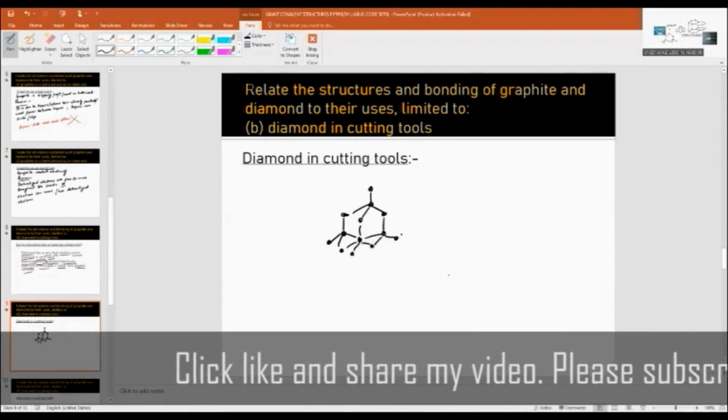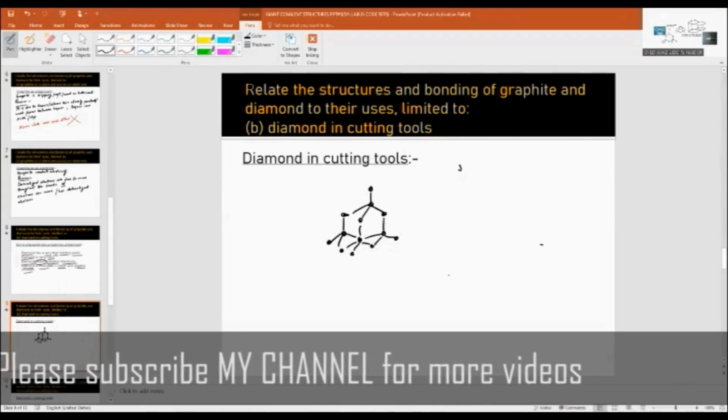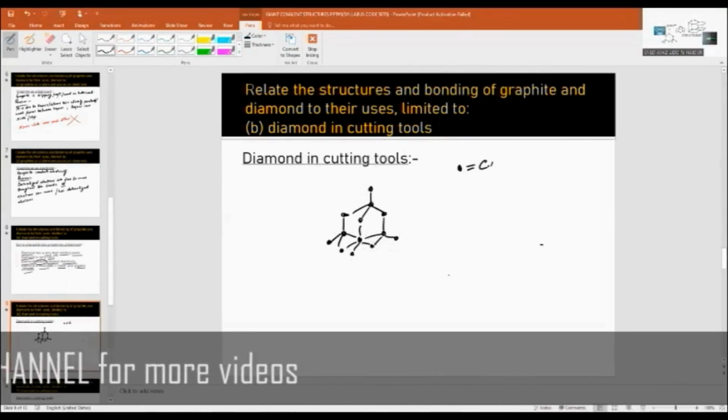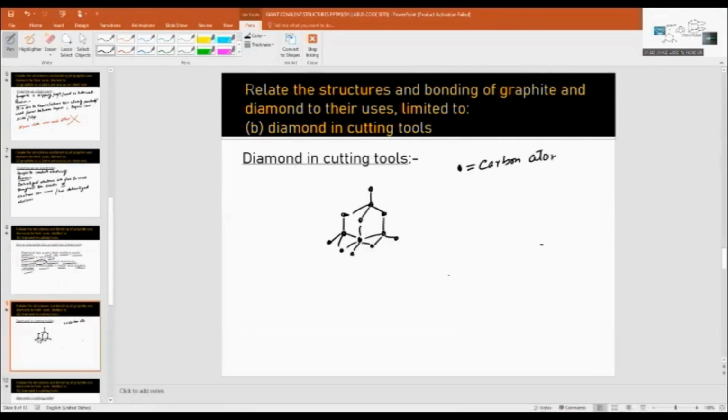This is a small part of diamond. These are the carbon atoms. And each carbon is bonded to 4 carbon atoms to give hard and compact structure.